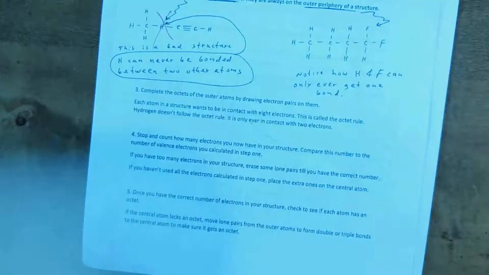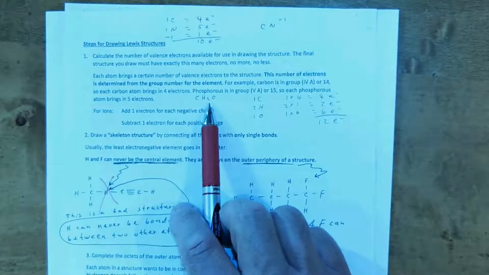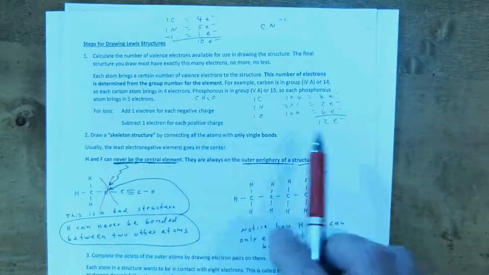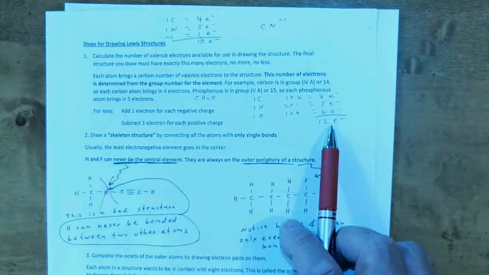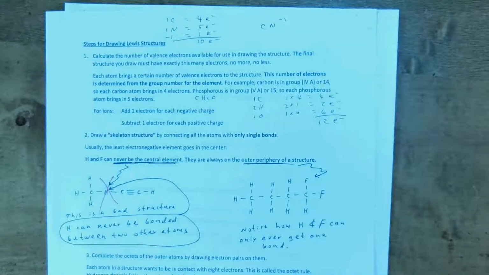And you might recall that for this formula, I should have 12 electrons. So at this point, whatever I do, I better not add any more electrons. I better not lose any. I've got the correct number right now. All I can do now is rearrange electrons some. I can move them around.